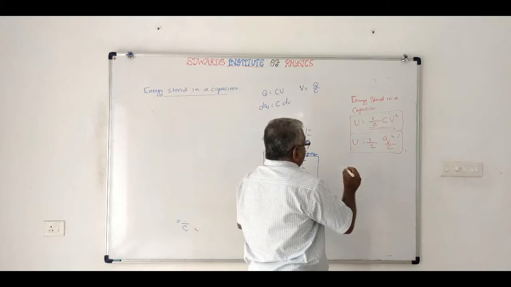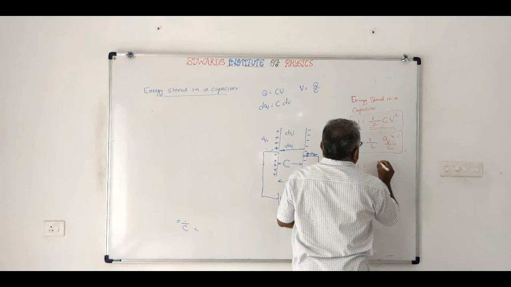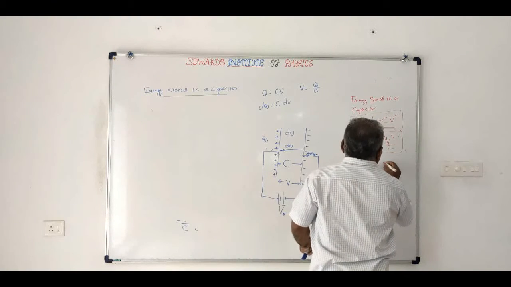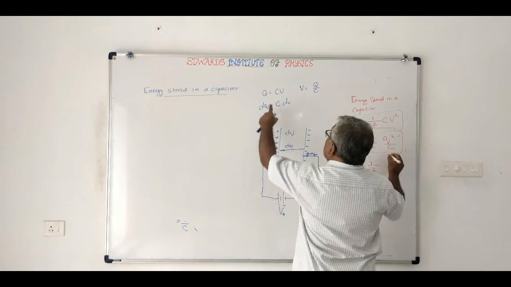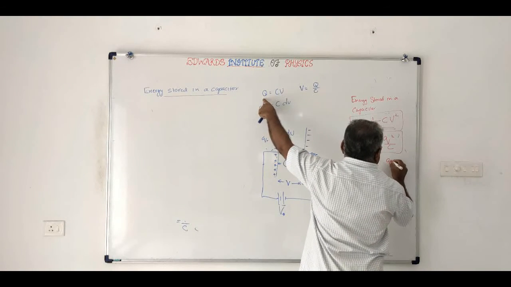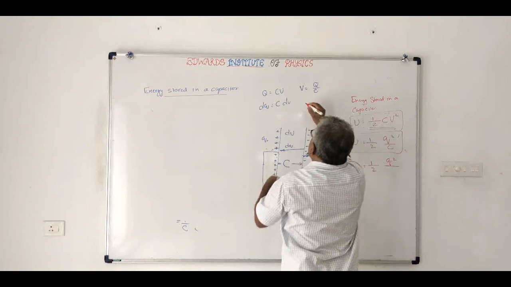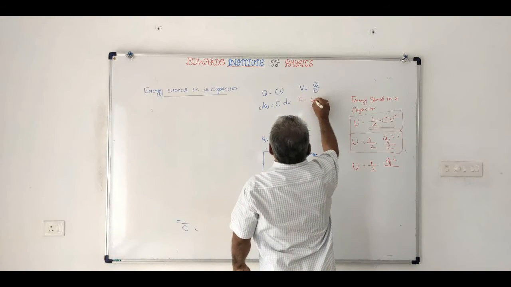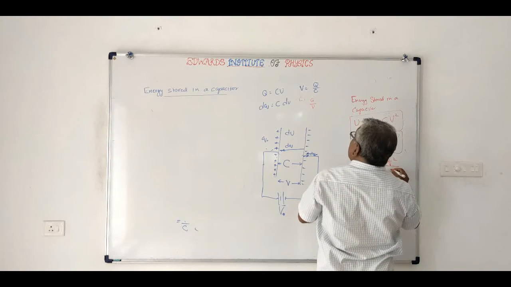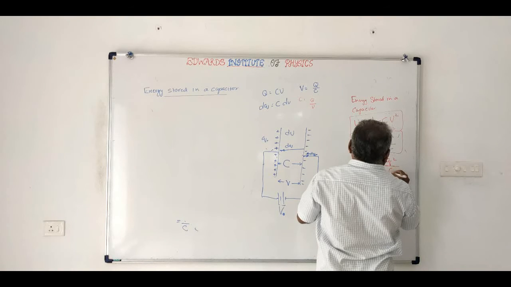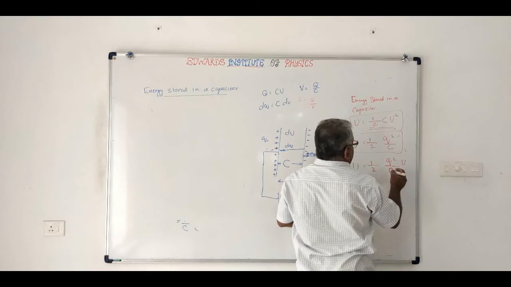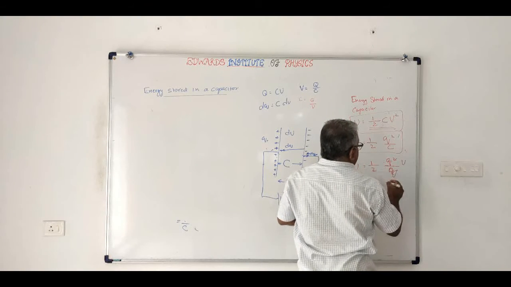You can write U is equal to half into Q into V. Suppose, what is C? C is equal to Q by V. So in Q square by C, instead of C I am writing Q by V. So Q and Q will cancel.